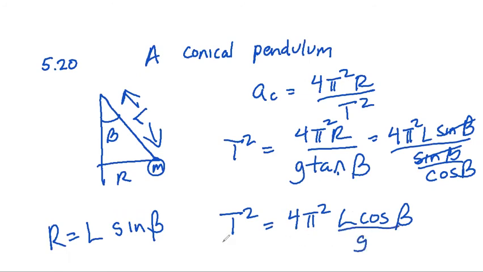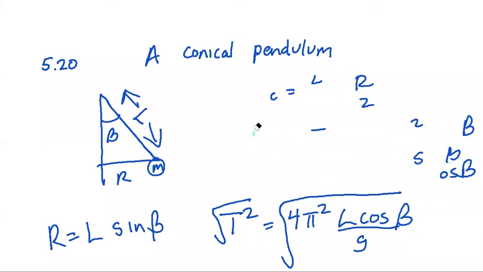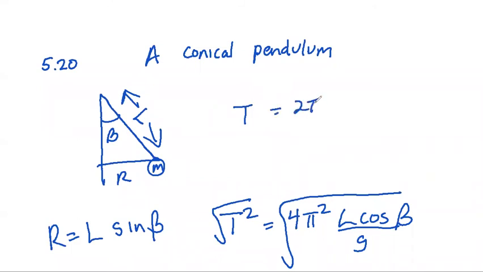And then taking the square root of both sides to solve for T, T is going to equal 2 pi square root of L cos beta over g. And we're done.